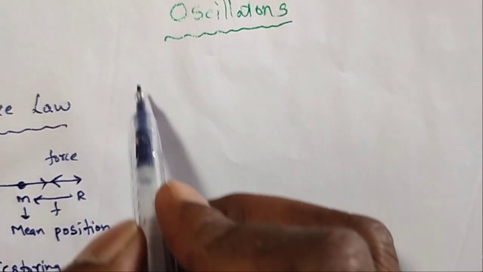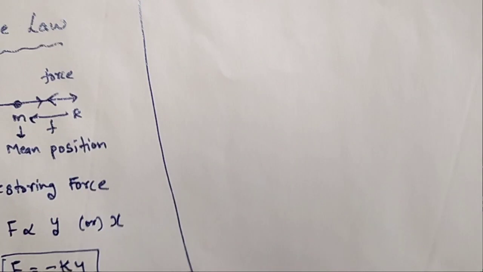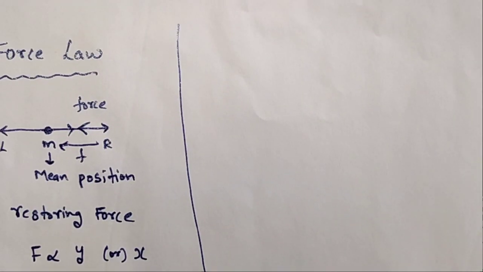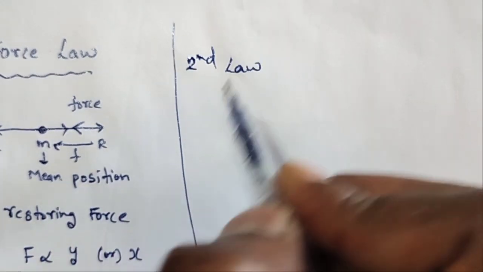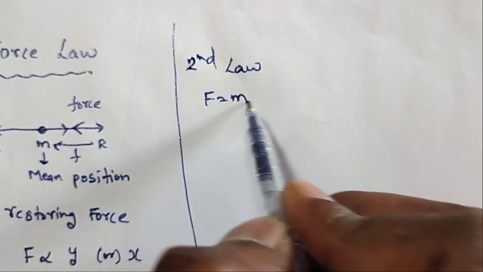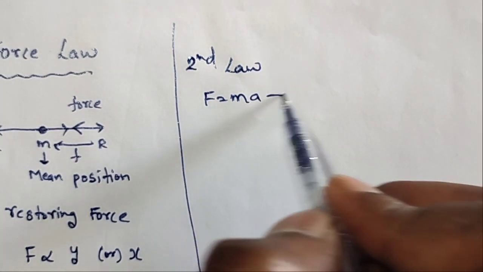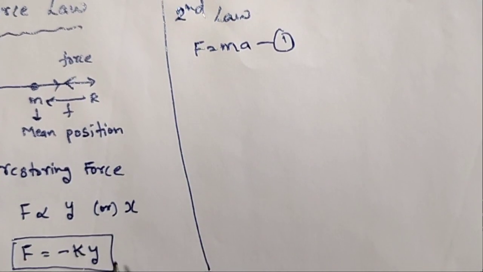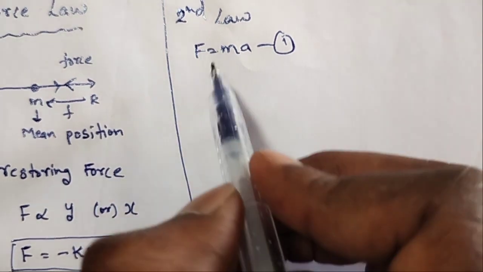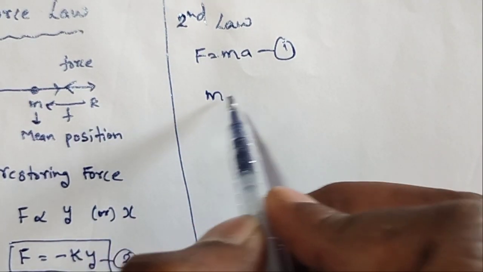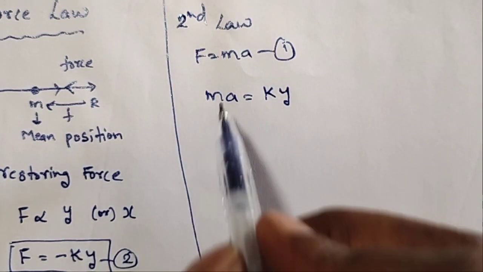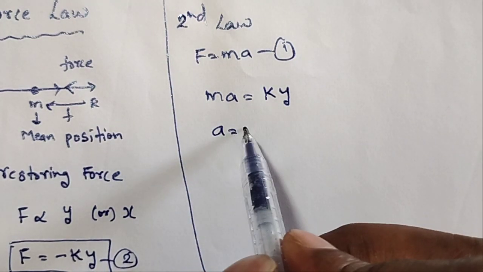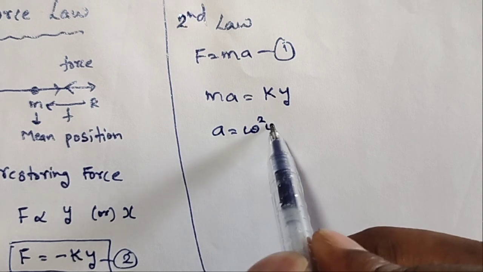But we can also apply Newton's second law. According to Newton's second law, F is equal to ma. This is equation 1 and this is equation 2. From equations 1 and 2, ma is equal to ky, taking only the magnitude. We know that the acceleration a is equal to omega square y.